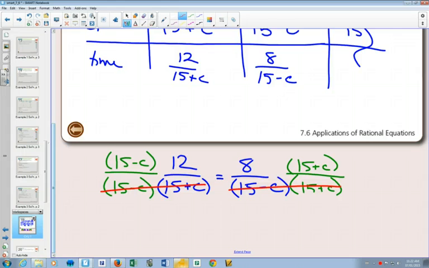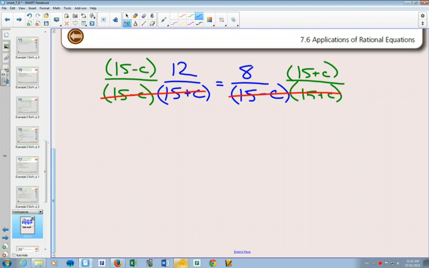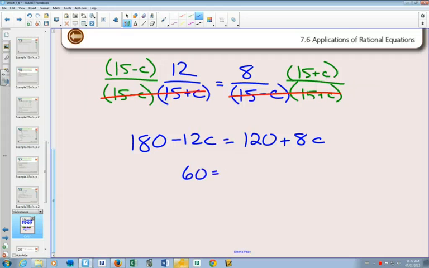And you might see that this was one where you could have used the cross multiply, because it would have worked out that way. Now we're going to get 180 minus 12C equals 120 plus 8C. Combine your like terms, 60 equals 20C, so the current is 3.